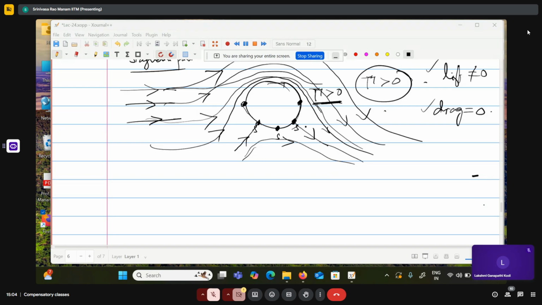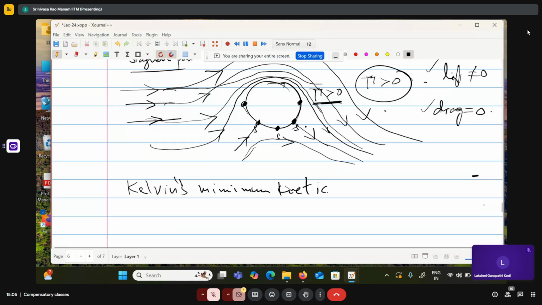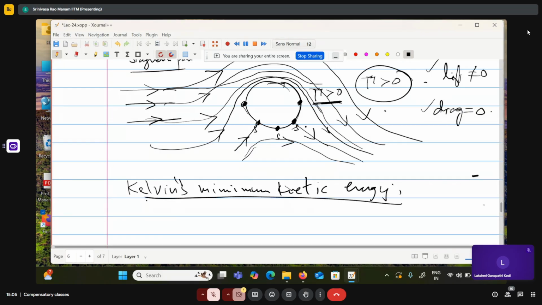earlier, but I forgot, and that is called the minimum energy theorem. So what is that? Kelvin's minimum energy theorem tells you about minimum kinetic energy. For irrotational flows, there are no rotations in the fluid. What do you expect?